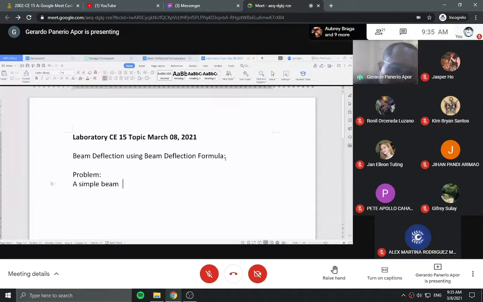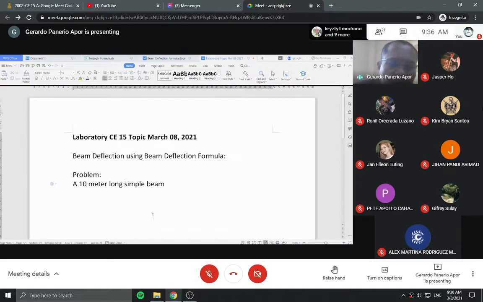It's just a roller support on one side and a pin on the other side. A 10-meter long simple beam.